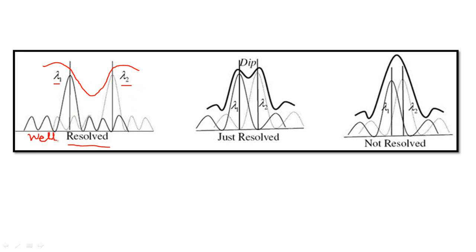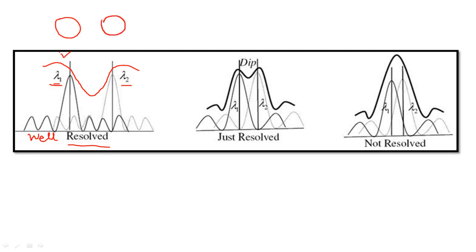A distinct dip in the resultant intensity means you see one intensity for wavelength lambda 1, another for wavelength lambda 2, and in between there is a lower intensity.